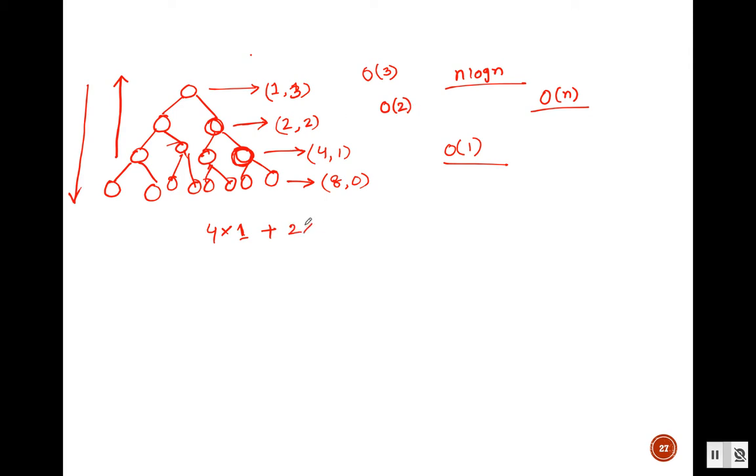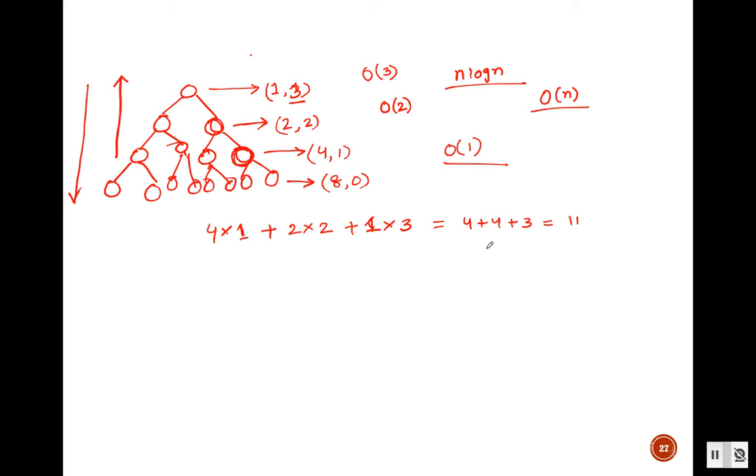In this level we have 1 node and the runtime is going to be order of 3, so 1 node times 3. So how many operations are we going to need? This is going to be 4 plus 4 plus 3, and this is 11.